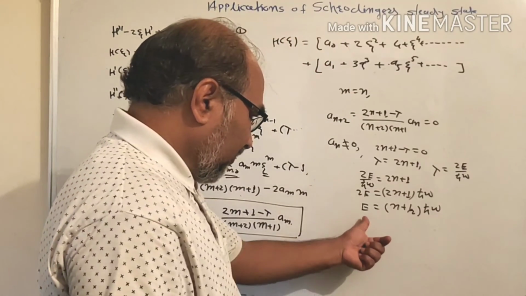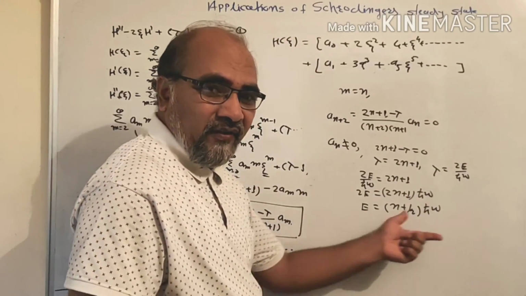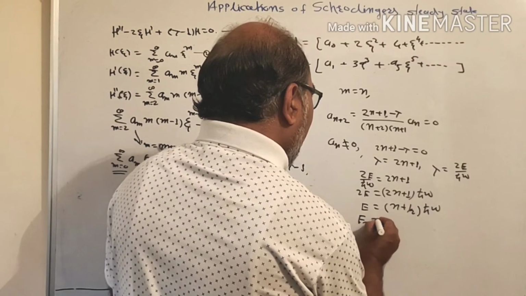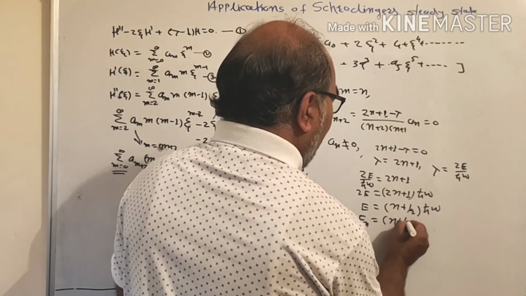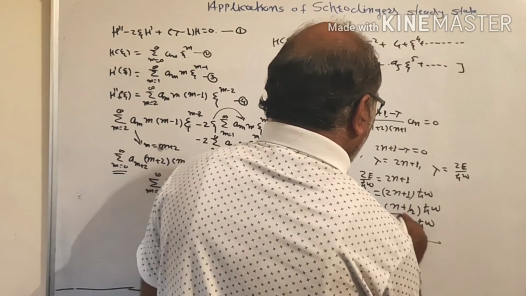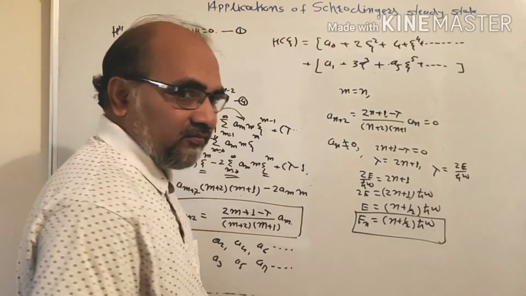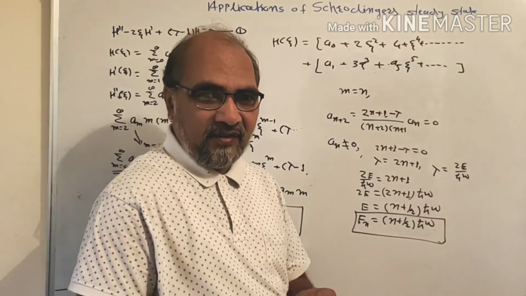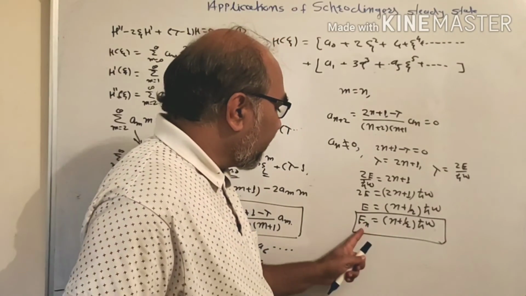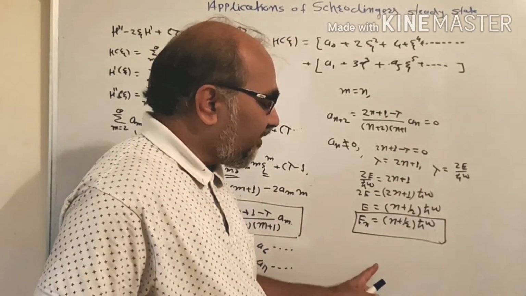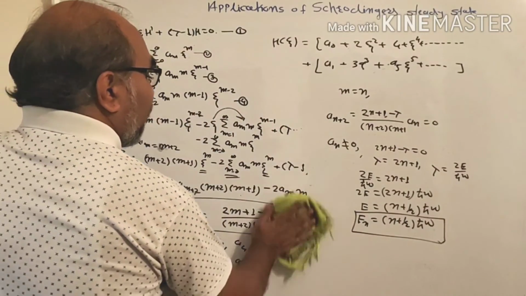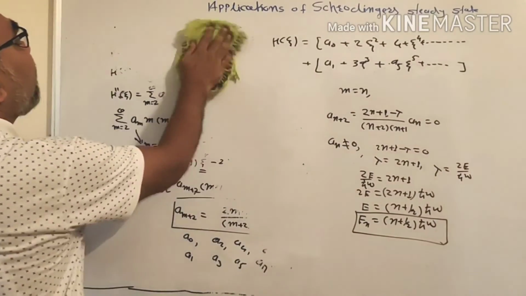So for different values of excited energy, En is equal to n plus 1 half h cross omega. This is our eigenvalue for the one dimensional harmonic oscillator. Now we find the energy for different values of n equal to 0, 1, 2, 3 and so on.